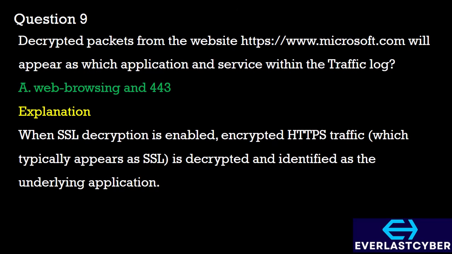And then it also recognizes the service port, which is 443 in the case of HTTPS because it uses TCP port 443. So the decrypted packets from the website will appear as web browsing and the service within the traffic log will show as 443.